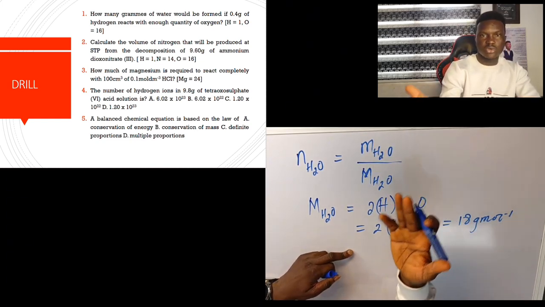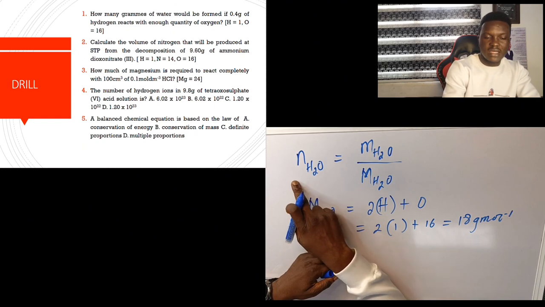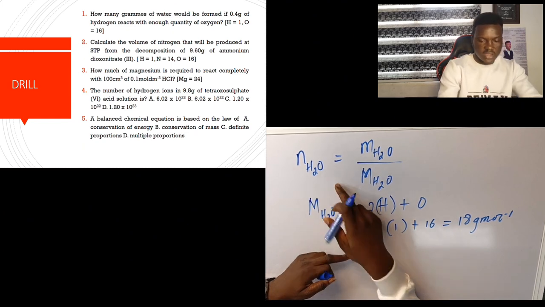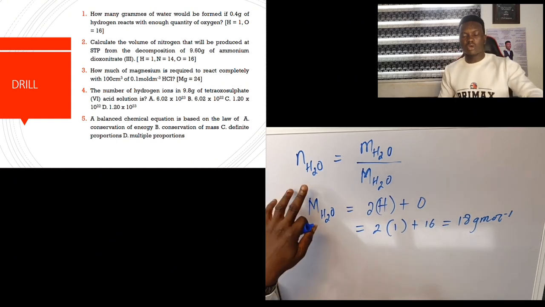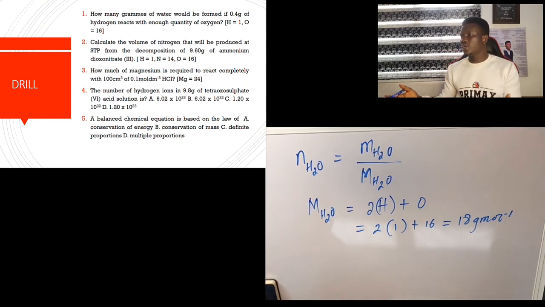So the next question you will ask yourself, how do I get number of mole? So now, to get the number of mole, were you given? No, you were not. You were given the mass of hydrogen. So what do you think we're going to do? We're going to use that mass of hydrogen from the balanced equation to get the number of mole of hydrogen, then compare the mole ratio and get the number of mole of water from there. And you slot it into your equation, and that's all.